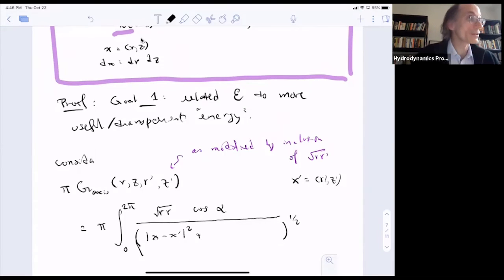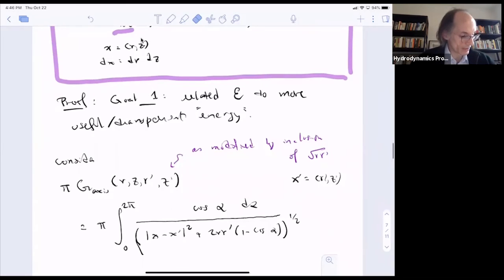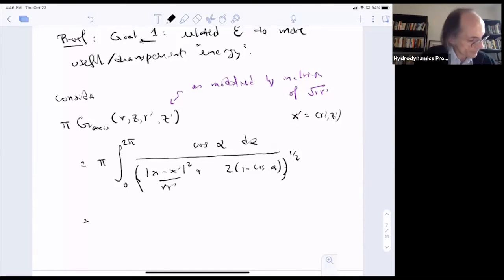It was a plus, I think there's a 2r prime, and then there was a 1 minus cosine alpha, if I'm not mistaken, d alpha. And so I can bring this inside here. It gets rid of these things. And then it puts r prime there. And there was a 4 pi also in the denominator.